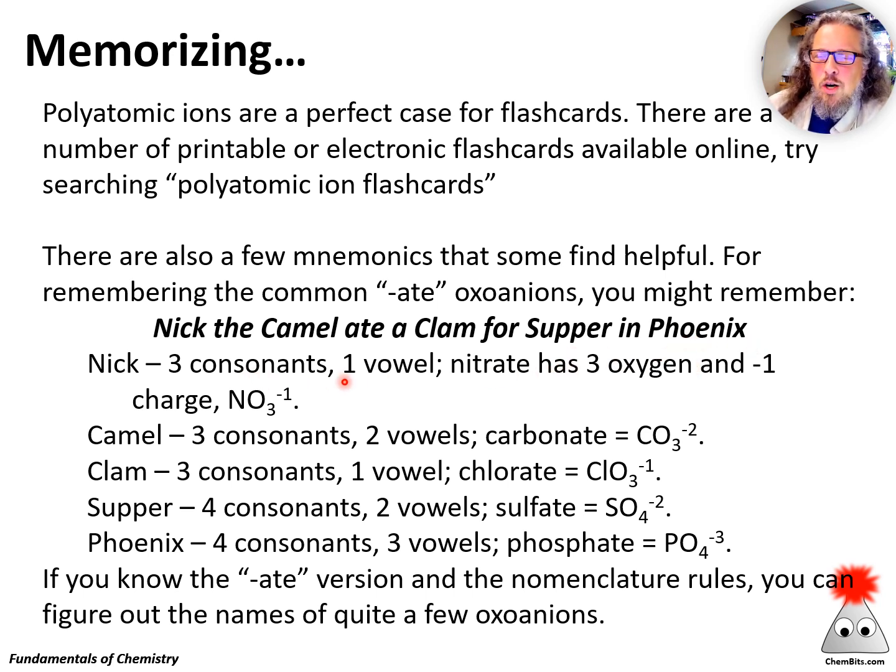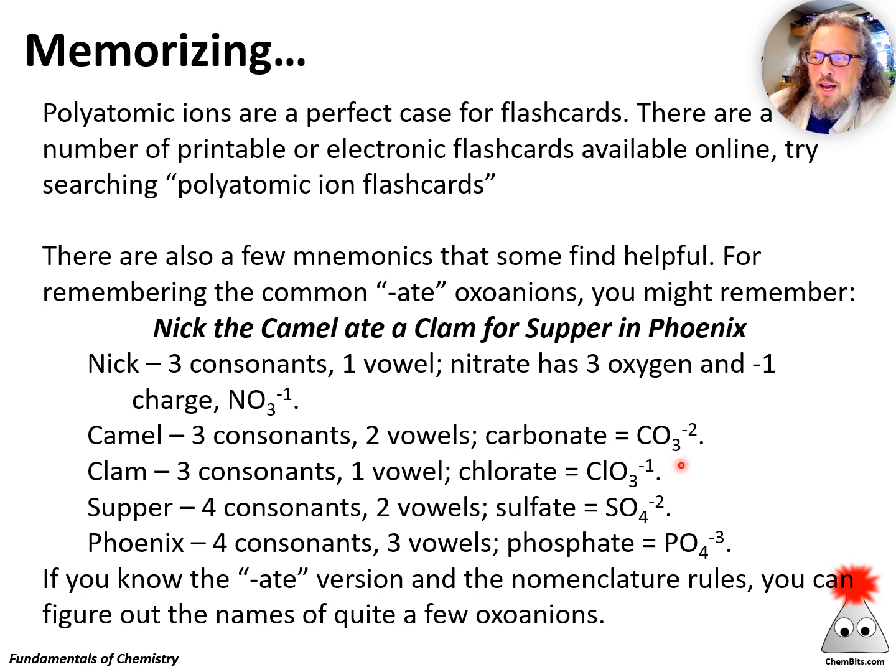How does this mnemonic work? Let's go through all of the capitalized ones here. If we look at Nick, the word Nick has 3 consonants, N-C-K, and 1 vowel. Well, nitrogen, capital N, has 3 oxygens, 3 consonants, and 1 vowel. Charge is -1. NO3 -1 is nitrate. Work through the rest of them. Camel, 1, 2, 3 consonants and 2 vowels.